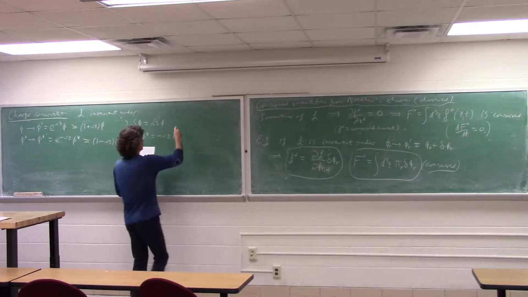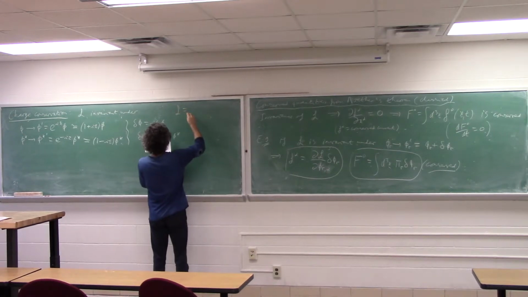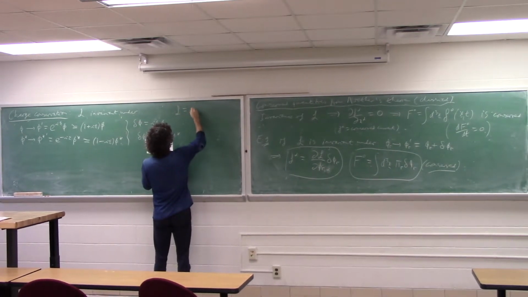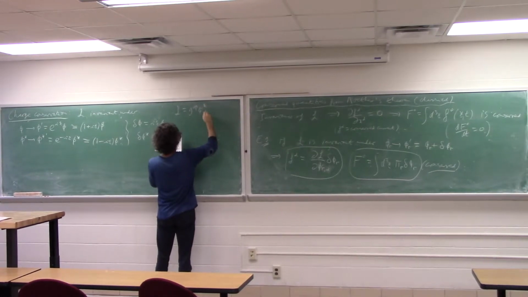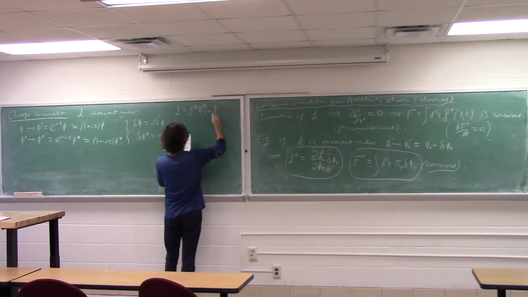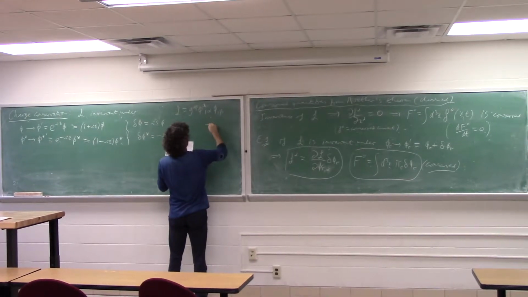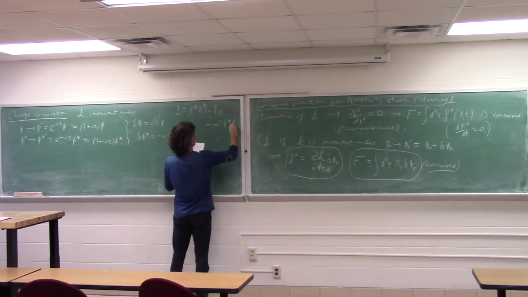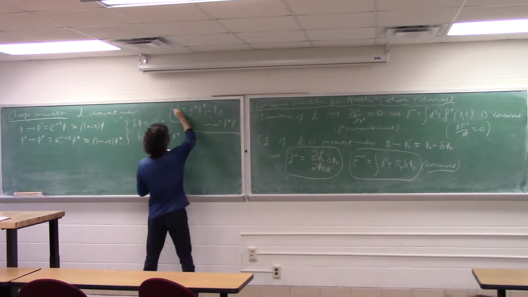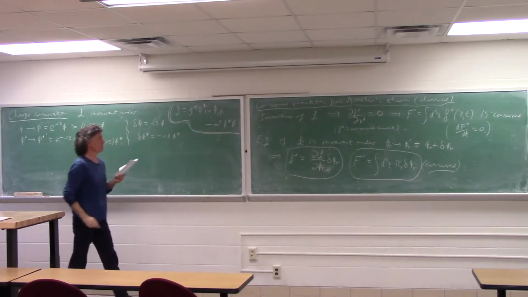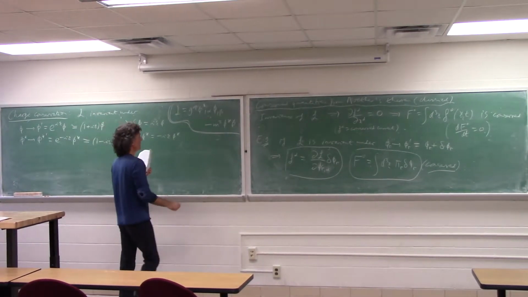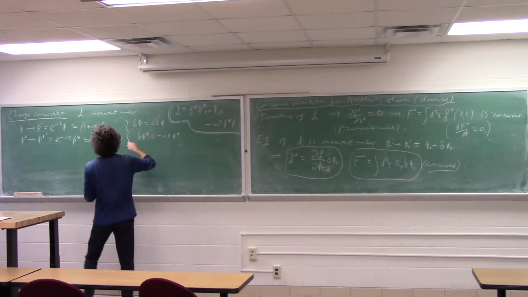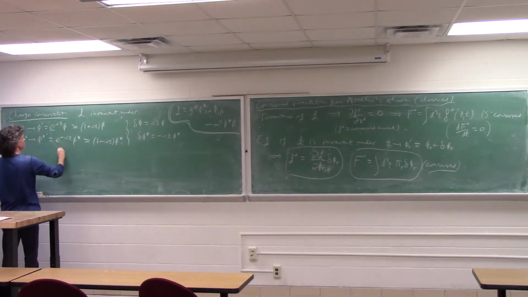Now, if you look at the Lagrangian for the complex Klein-Gordon field, which looks like this, we'll be doing the complex Klein-Gordon field in detail probably next week. But anyway, this is the Lagrangian density for the complex Klein-Gordon field. And you can see that clearly it's invariant under this phase transformation.